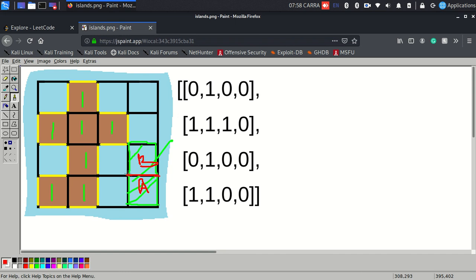So basically, only the portion B has a perimeter of 3 now, because it was earlier 4 and it has one edge common with another piece of land. So that became 4 minus 1, 3.